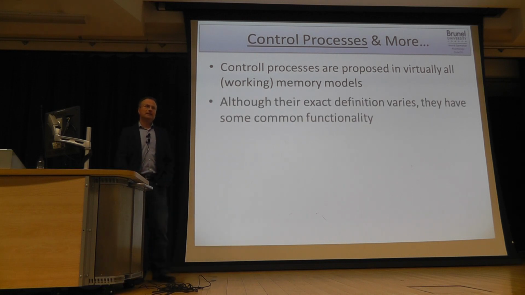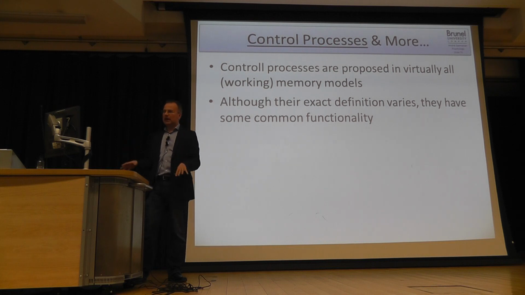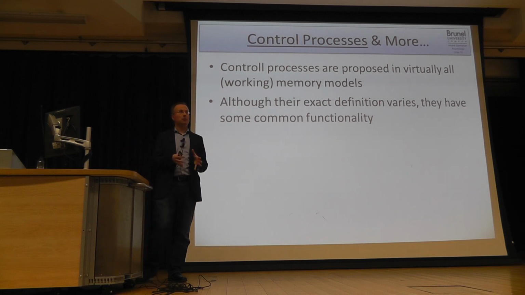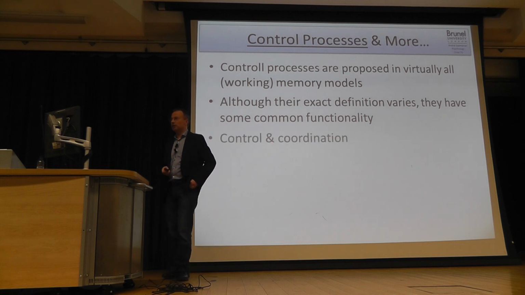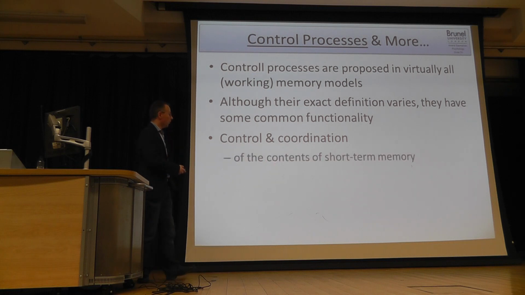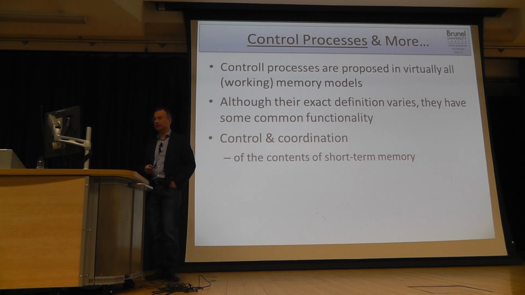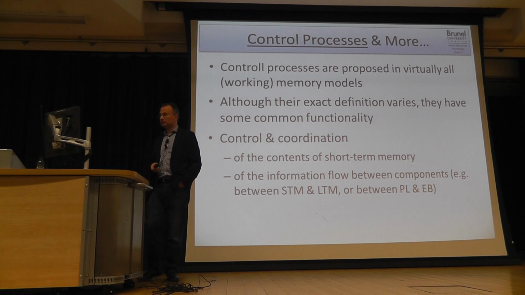And the exact function in each model varies slightly. However, there is some commonality in all models. So all say it has to do with control and coordination. For instance, what information actually is in short-term memory, by controlling attentional filters, by deciding which information is retrieved from long-term memory to put there.